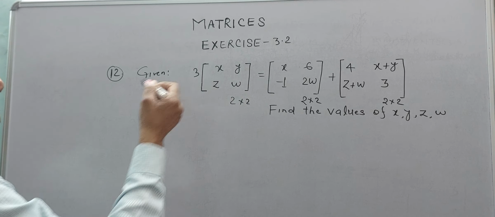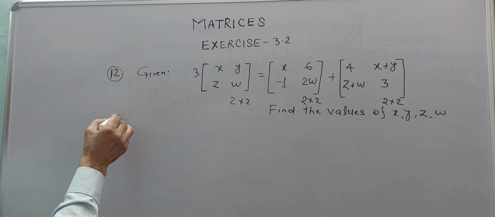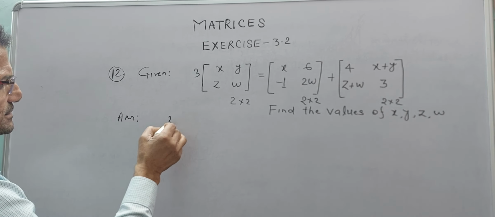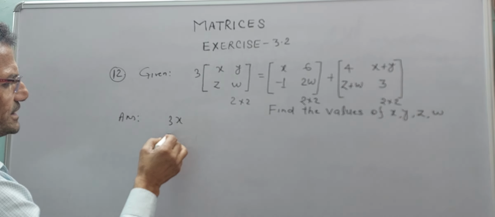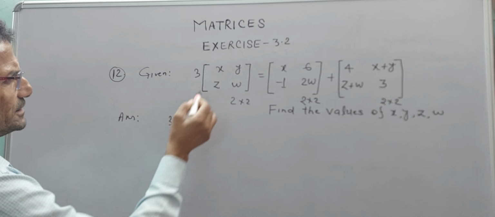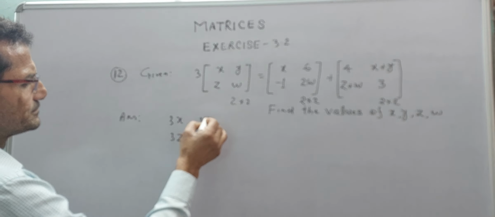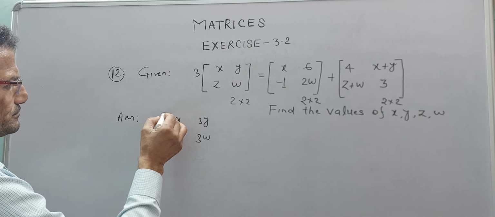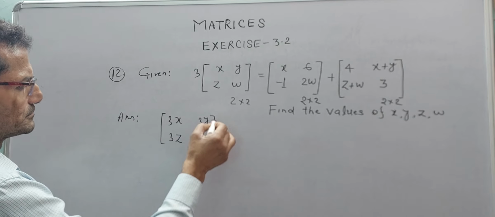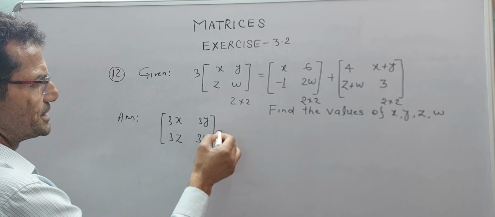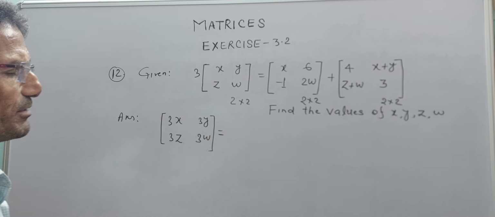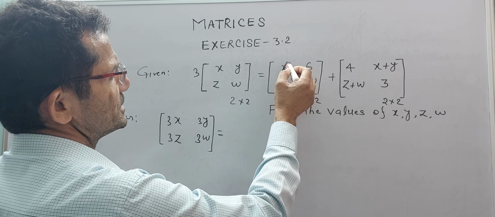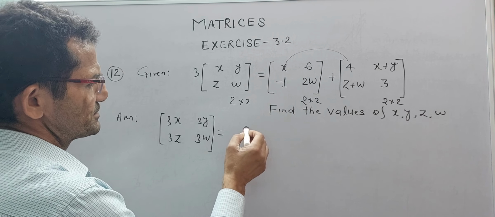So first each entry is multiplied. The answer would be 3x, 3z, 3y and 3w. Now this is equal to the sum; you have to add the corresponding terms. This is the first row, first element: you have to add this and this, so x plus 4.